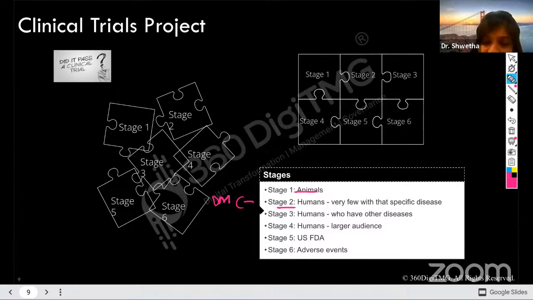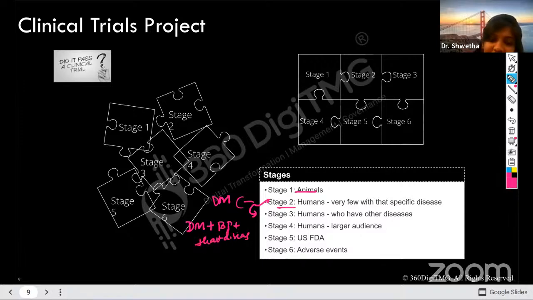If it is found safe in stage 2, then it will be moved to stage 3, where humans who have other diseases along with diabetes mellitus, such as blood pressure and heart disease, are included.